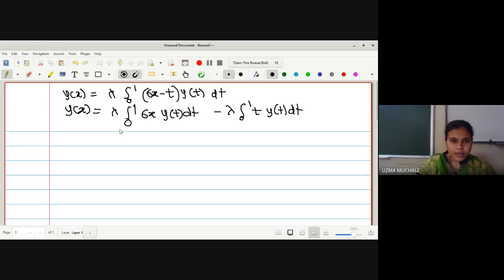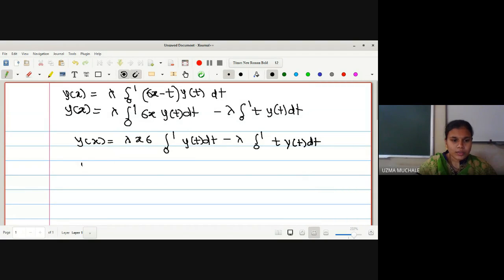Okay. Now what do you have to do? We have to take the terms of x outside the integration since the integration is with respect to t. This 6 also we can take outside: 6x integration 0 to 1 y of t dt minus lambda integration 0 to 1 t y of t dt.